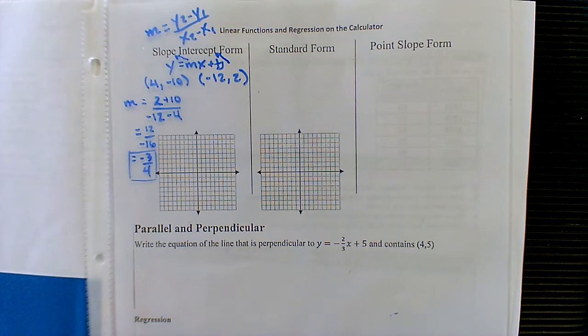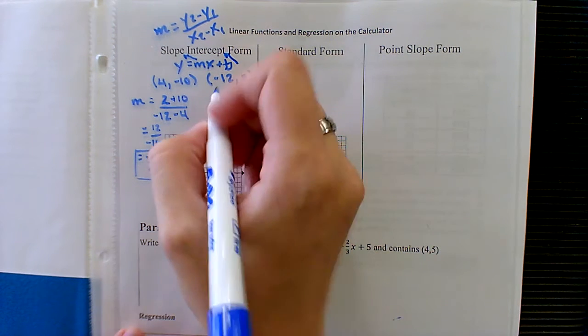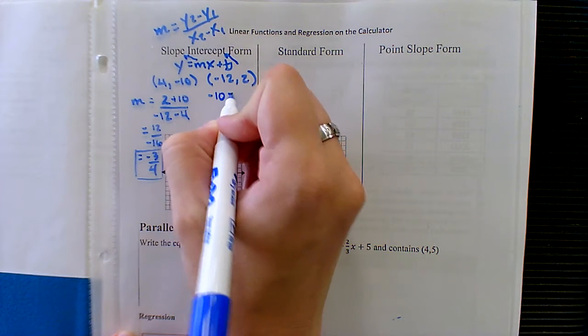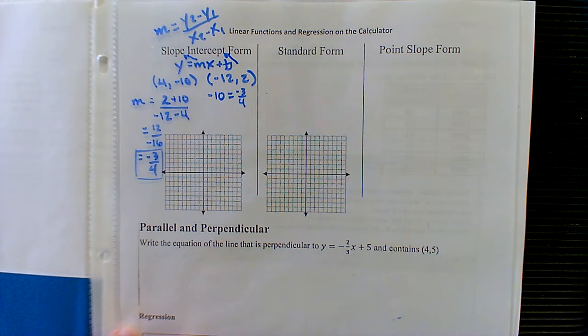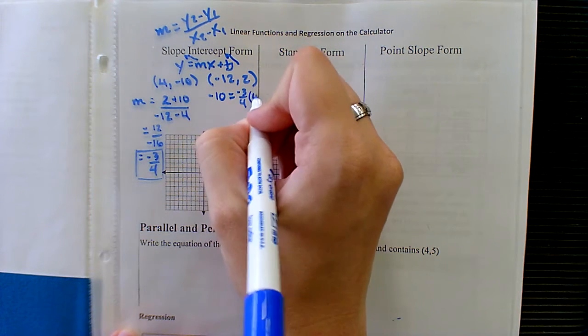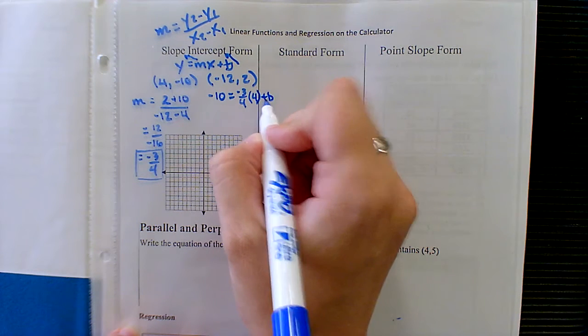That means the only variable left would be the b value, and we would be able to solve for it. So between the 2 points, do you have one that you would prefer to use? Again, it doesn't matter. You just have to pick one. The (4, negative 10)? Okay. So negative 10 is the y value, negative 3/4 is the m value, the x value was 4, and we have a plus b.